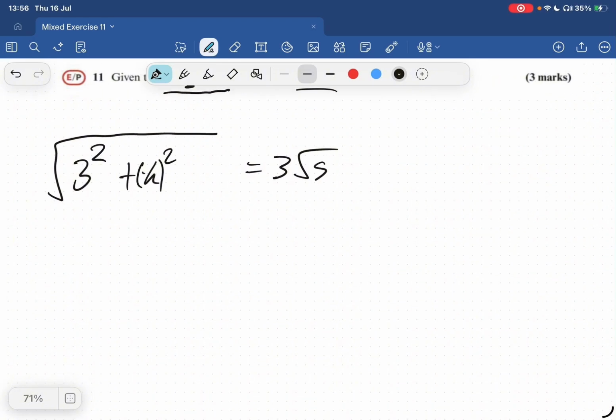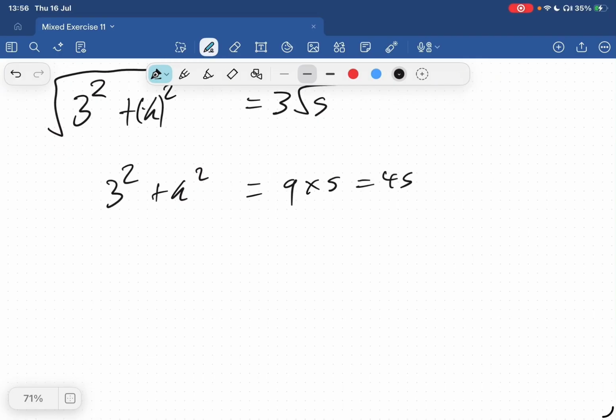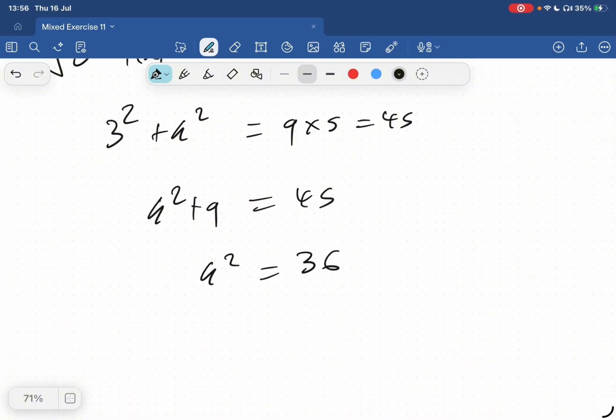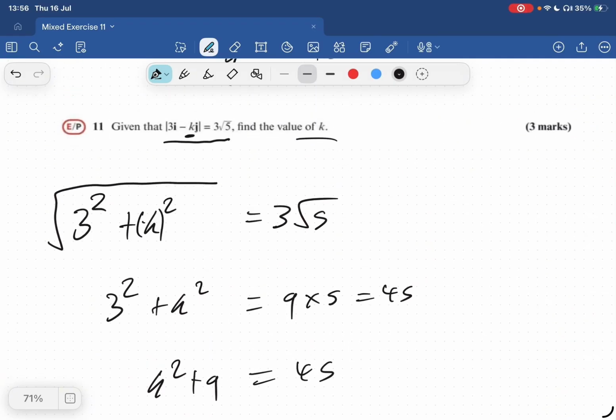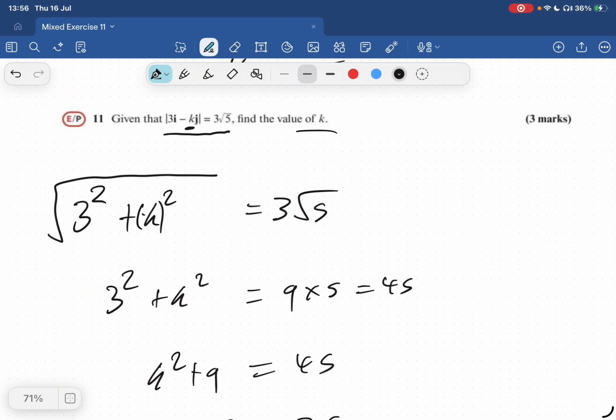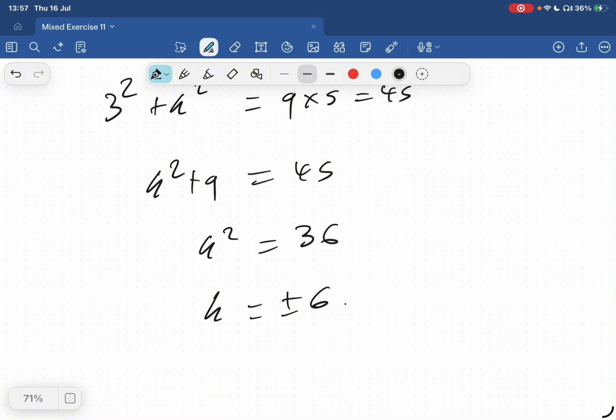Now square both sides. 3 squared plus k squared equals 9 times 5, which is 45. So k squared plus 9 equals 45, so k squared equals 36. So k equals plus or minus 6. Do we know anything about k? No, we don't know if k is positive or negative, so we say k is plus or negative 6.